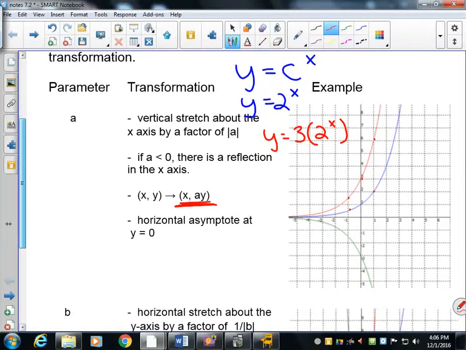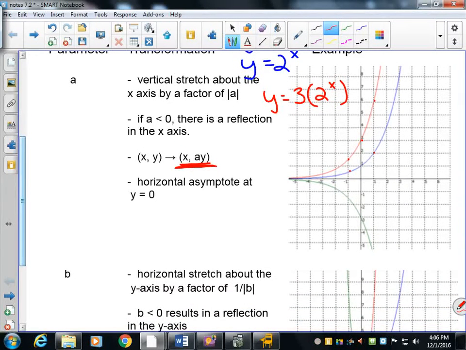Now, if we look at this green graph and take a look at what's going on, this was at a positive 3, this is at a negative 3. This is a positive 3.5, this is a negative 3.5. What it actually is, it's taking the y value and multiplying it by a negative 3.